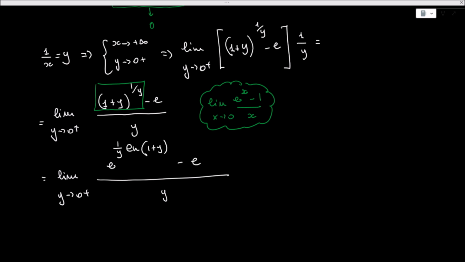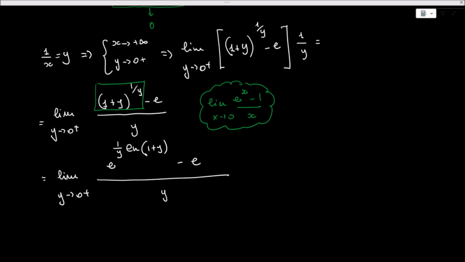So this is the new form, which is not actually the fundamental limit, so we need to factor out some e. But we can do this after developing the logarithm of 1 plus y. We will expand the logarithm of 1 plus y, because we can do this since y goes to 0. So let me expand this logarithm.